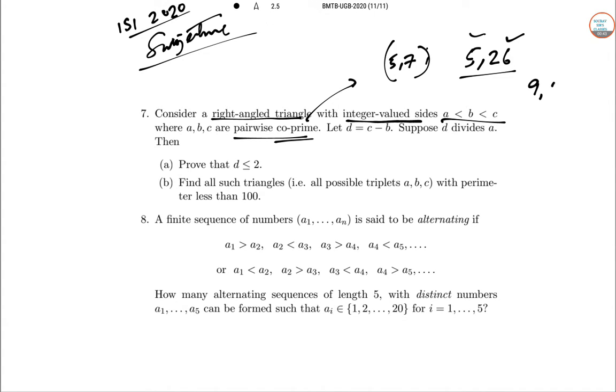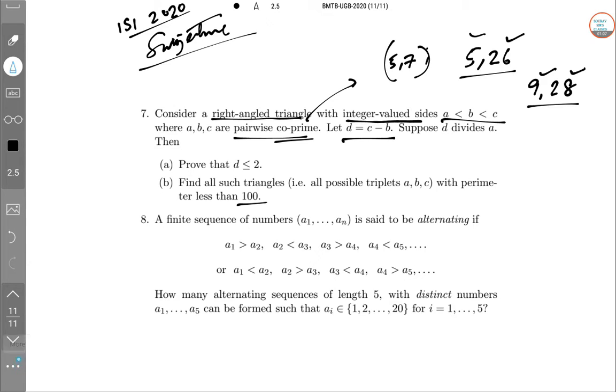And 9 and 28, these two are non-prime but co-prime. So if the HCF between them is 1, there is nothing common. Let d equal c minus b, and suppose d divides a. Prove that d is less than or equal to 2 and find such triangles with perimeters less than 100. The first part is easy, the second part is a little bit tricky.